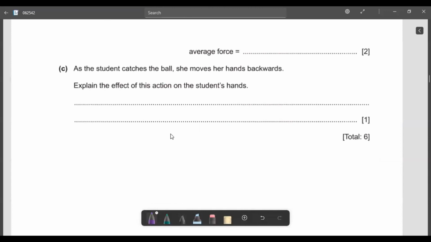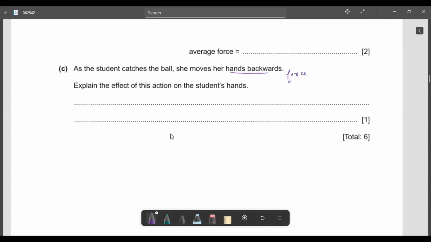Next, as the student catches the ball, she moves her hands backwards. Explain the effect of this action on the student's hand. So here, moving the hand backward upon catching the ball allows for a gradual dissipation of force exerted by the ball.